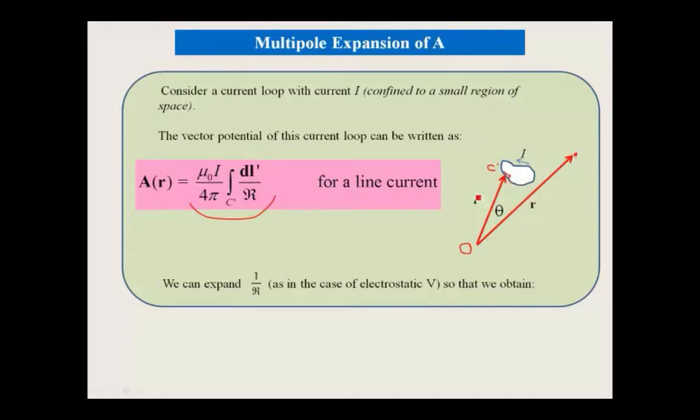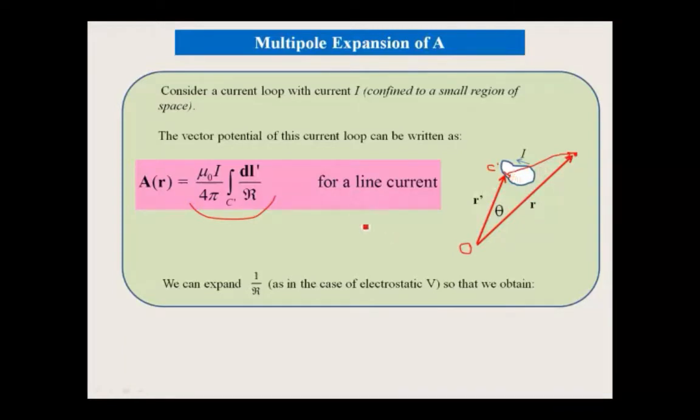R is related to R prime in terms of our process by the funny R vector, which is this one here. So it points from the R prime position to the R position.